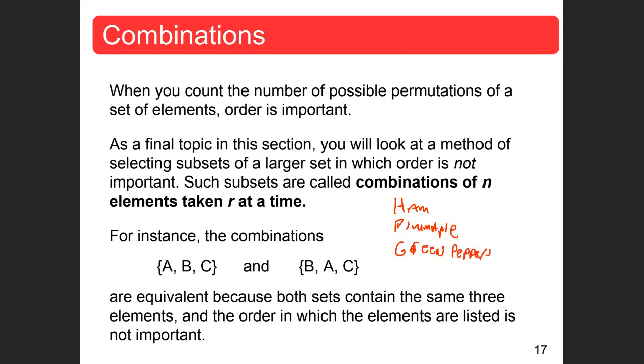And then they go back and they start making your pizza, and you go up to the counter and you say, no, no, no. I want green peppers, ham, and pineapple. Well, do they have to redo the pizza? No, because order in this problem doesn't make any difference. Ham, pineapple, green peppers is exactly the same thing as green peppers, ham, and pineapple. Okay. So when order doesn't matter, we use combinations.